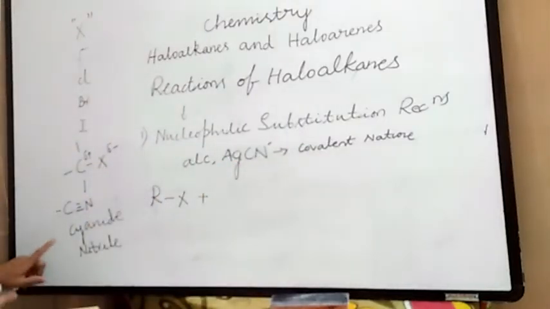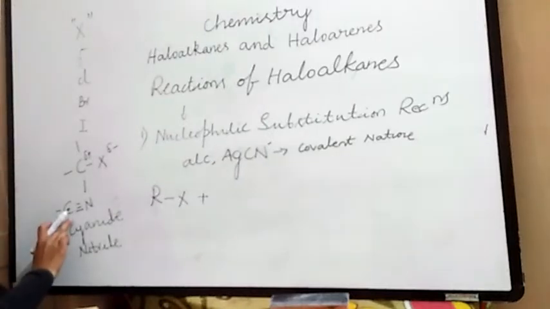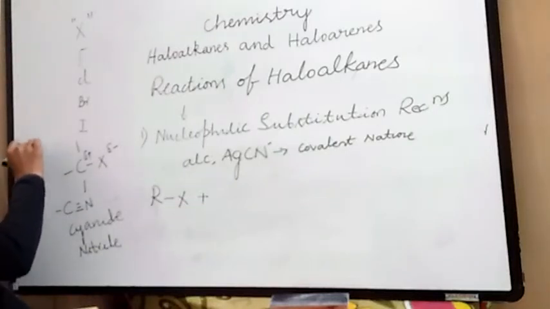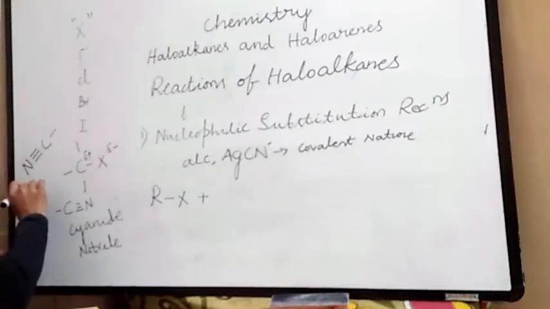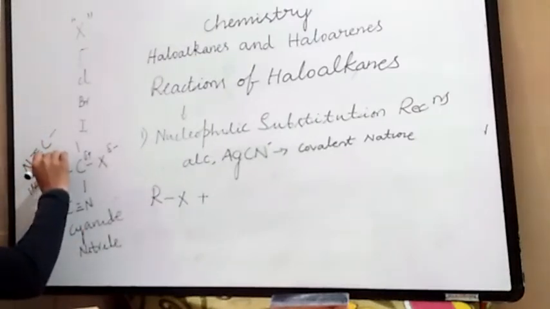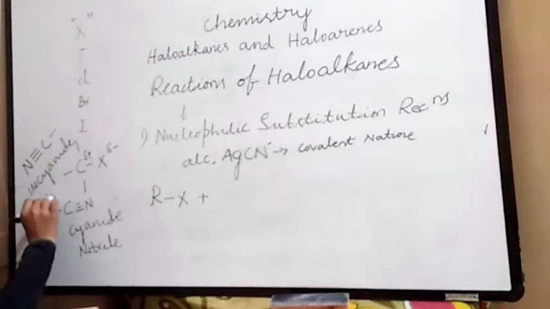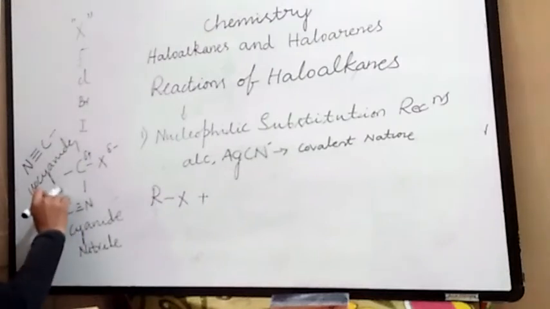So the final product we are going to get is NC. See, in reaction with KCN, we are going to get cyanides only, but in reaction with silver cyanide, we are going to get isocyanide, isonitriles, iso compounds. That's it. If you reverse N and C, it is isonitrile.